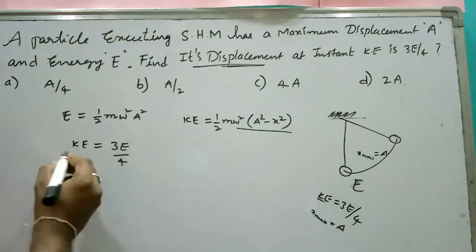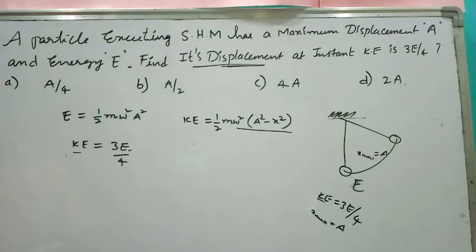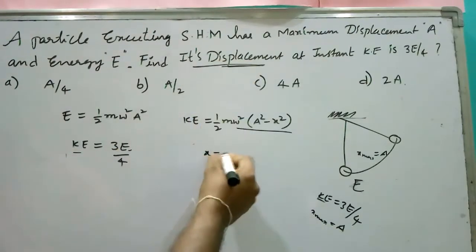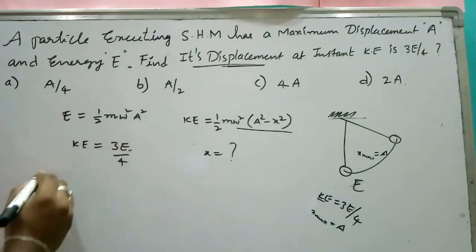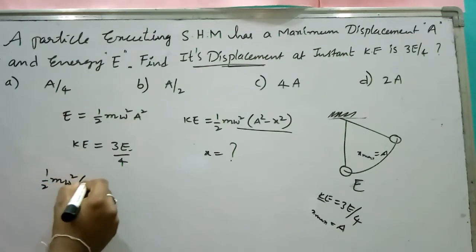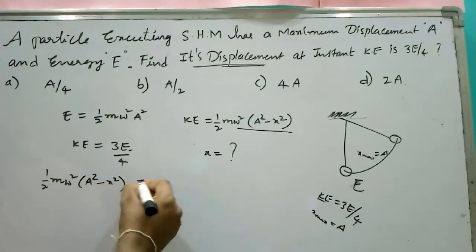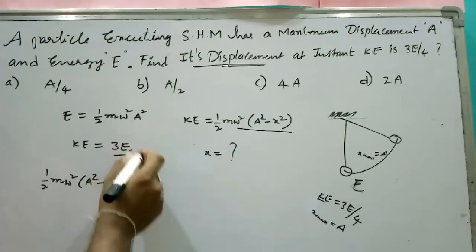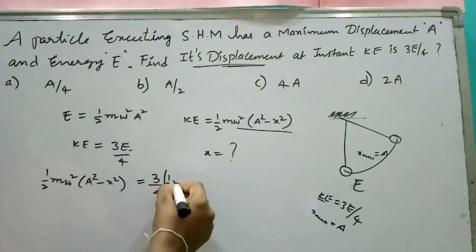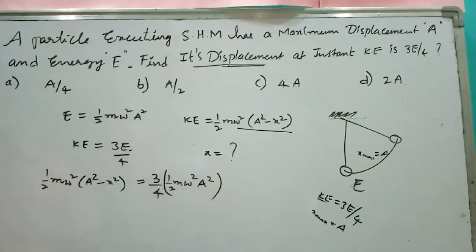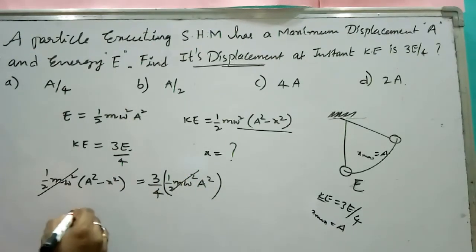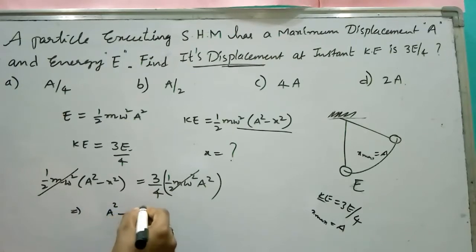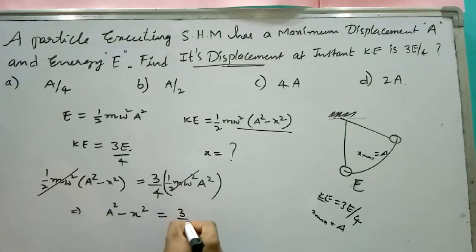Here we know the kinetic energy value and the total energy value. Now we find the displacement value. Substituting, half m omega square of A square minus X square equals 3 by 4 of E, where E is half m omega square A square. The half m omega square gets cancelled. So we get A square minus X square equal to 3 by 4 A square.